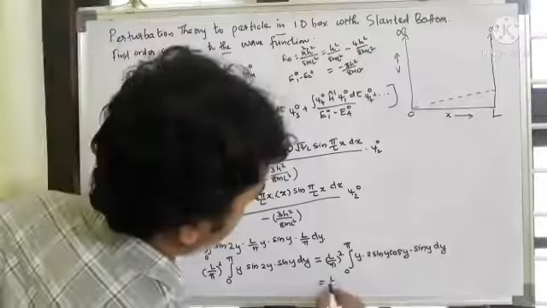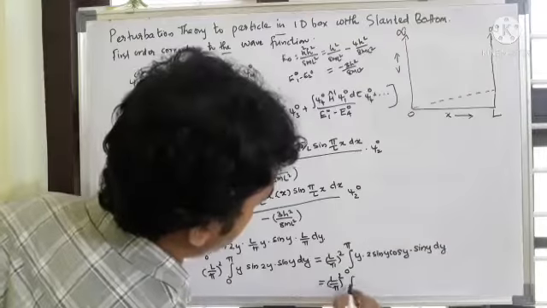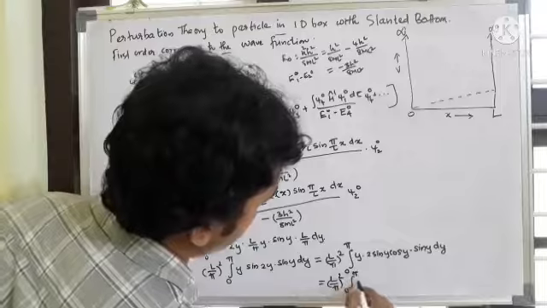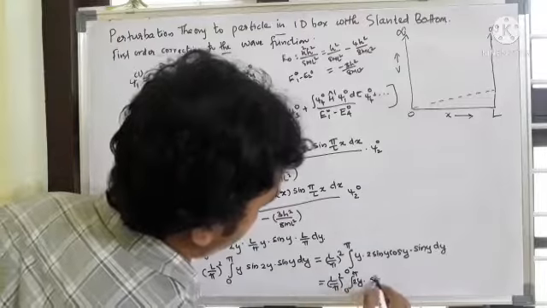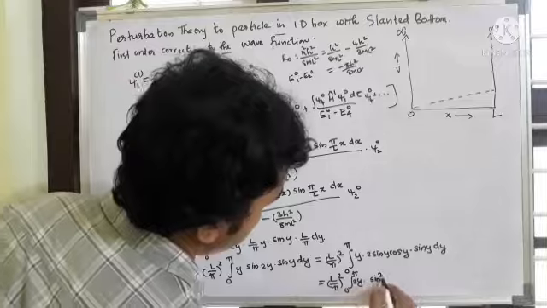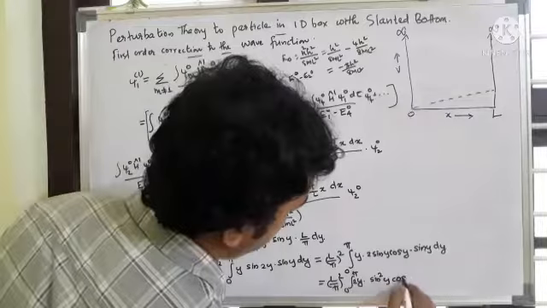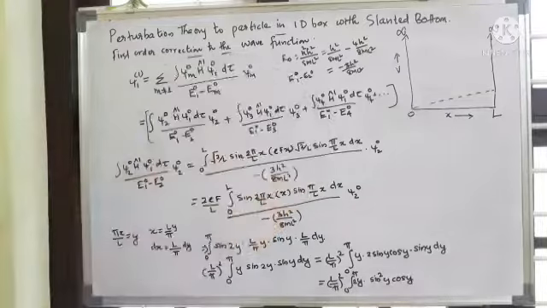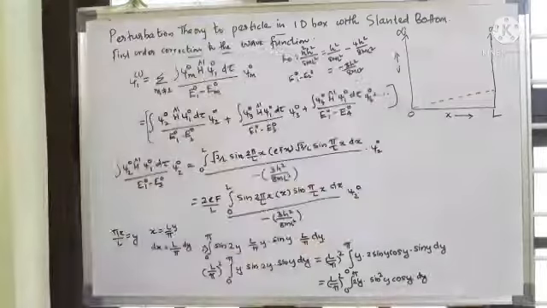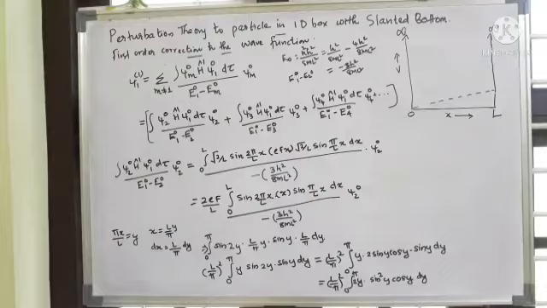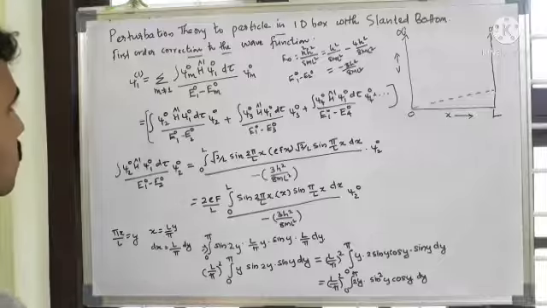So this is L by pi all square into integral 0 to pi y into 2 sin square y into cos y dy. Then what is sin square theta? Sin square theta can be written as 1 minus cos square theta.